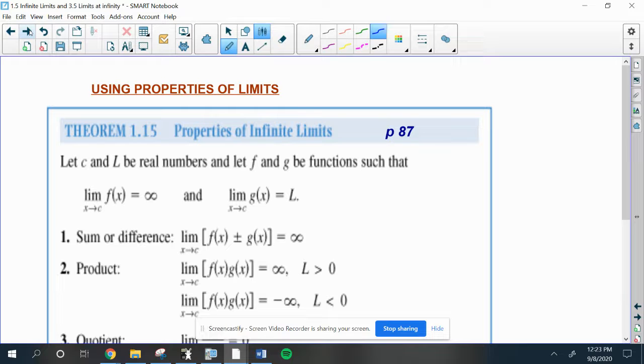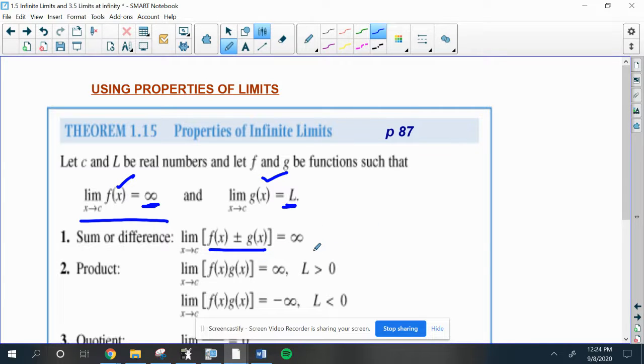Now, if you remember properties of limits, these are a little bit different because this is saying if we have a limit of a function and it is going to infinity, and then another function that has a limit as x approaches c, here's what happens when you combine them. If you take the limit of a sum of both of these together, you will get infinity.